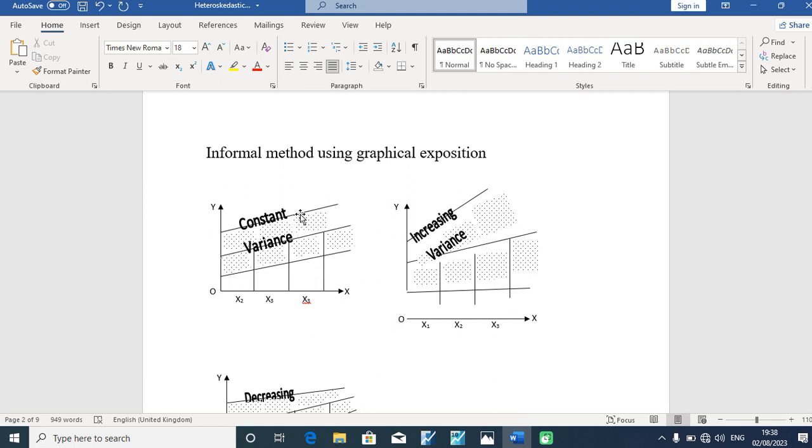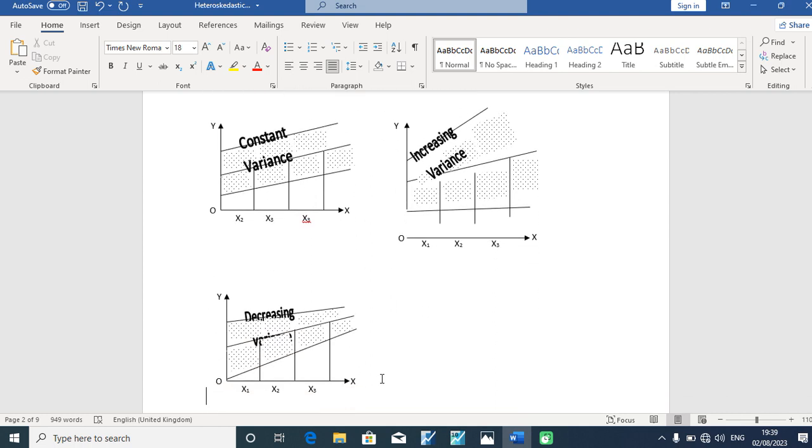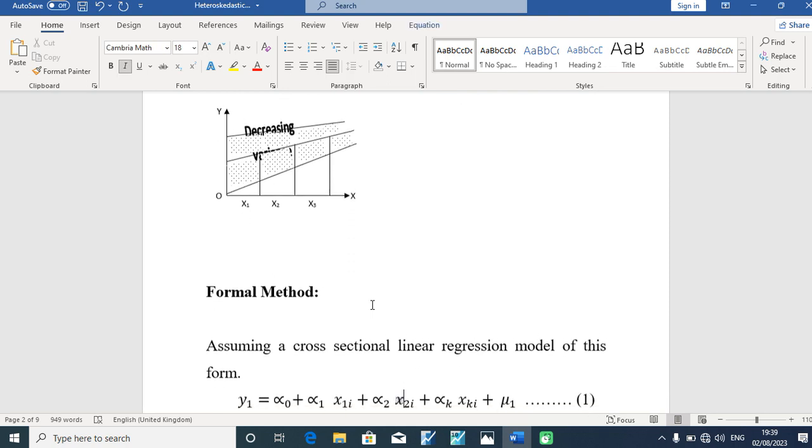We have constant variance in this graph because there is no heteroskedasticity. But the second and the third graph show the presence of heteroskedasticity because we are either having an increasing variance or a decreasing variance. So we can conclude that heteroskedasticity exists when there is increasing variance or decreasing variance. But when the variances are constant and equal, we have the presence of homoskedasticity.